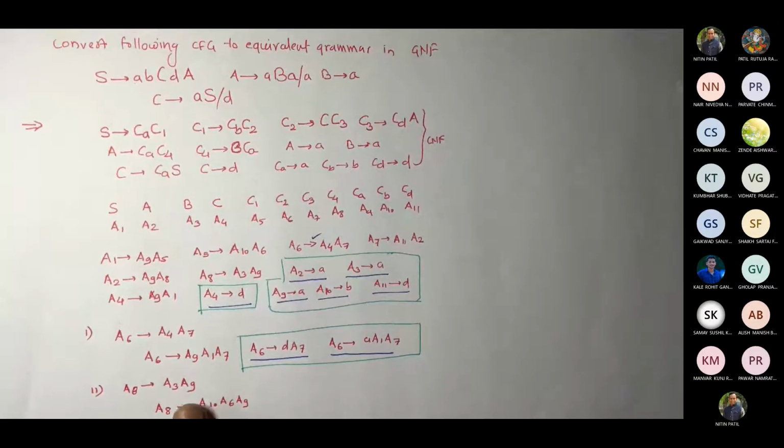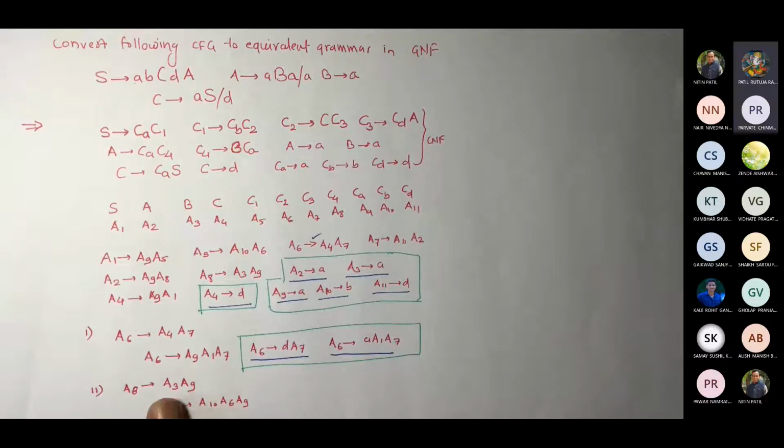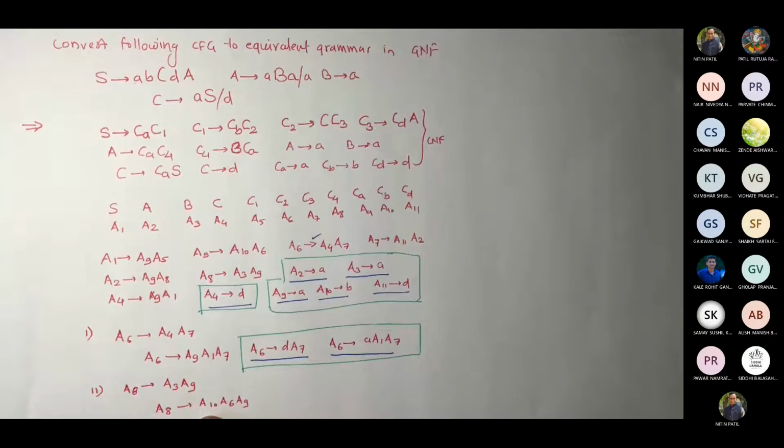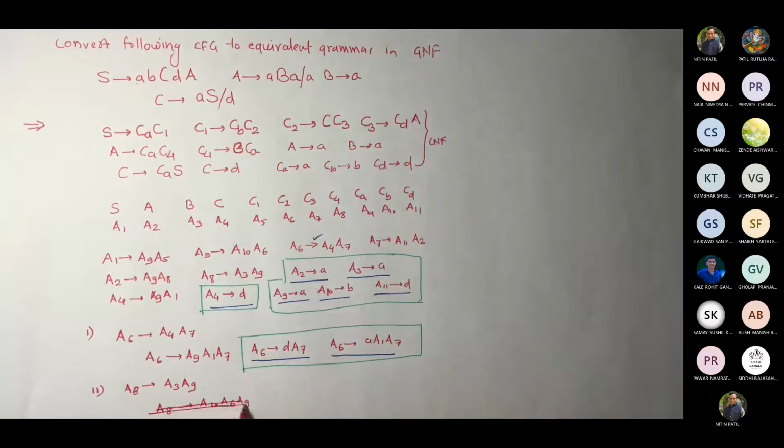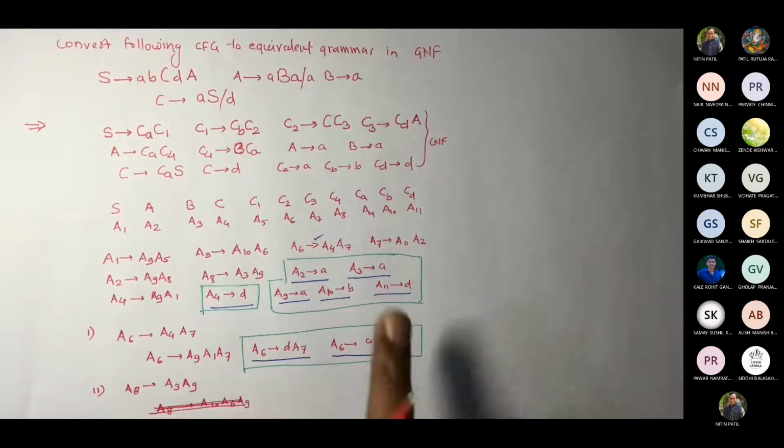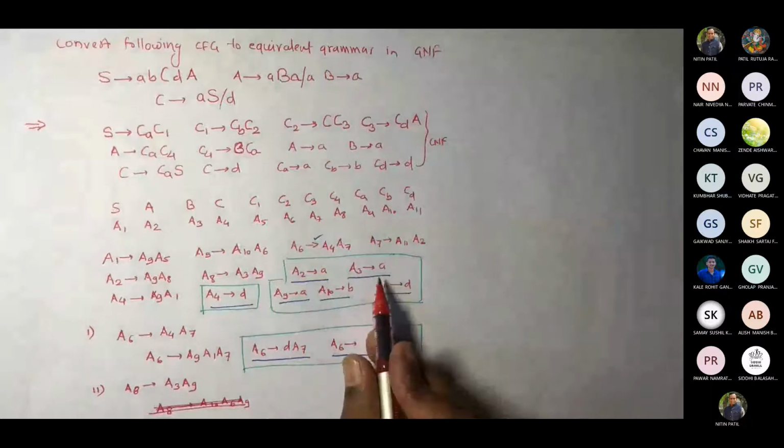Yes, sir. And sir, that A10 is A5. Sorry, I made a mistake. This is A5. Where is A3 then? Haven't we written A3? A3 is having only one value, correct? So this would be what?